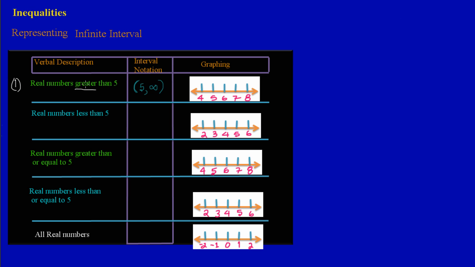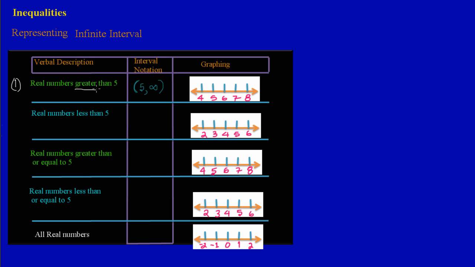Okay, so that is how we would represent real numbers that are greater than 5. 5 is our boundary, but since it's greater than 5, we use a parenthesis to represent that. And since we're going up to infinity, we use another parenthesis.